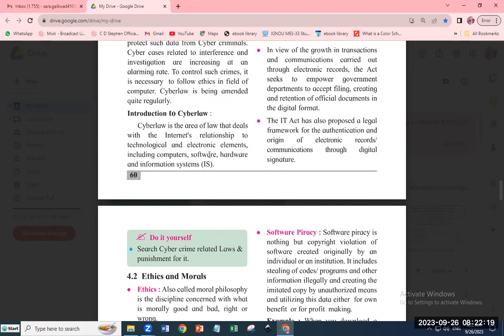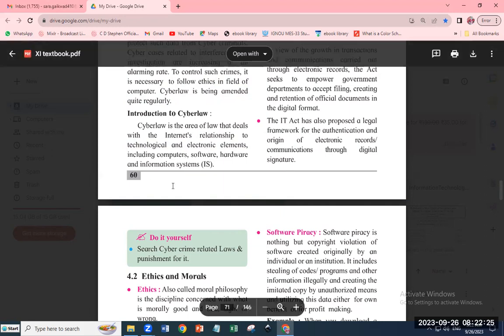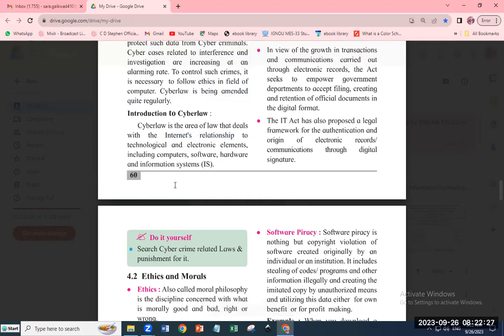If it is software which is being pirated and sent, it is also a kind of crime. Hardware and information system also, in these particular aspects, anything that happens comes under cyber crime, and there we deal with the cyber law. Okay.